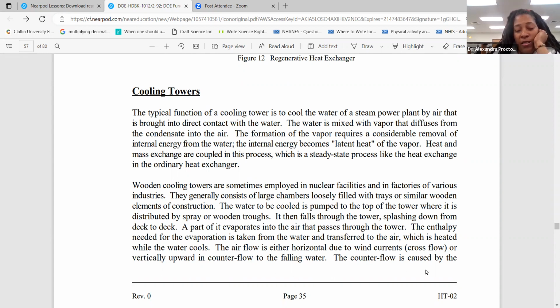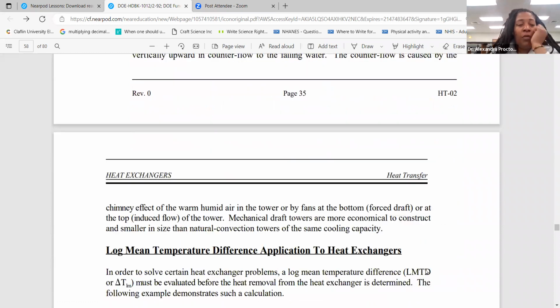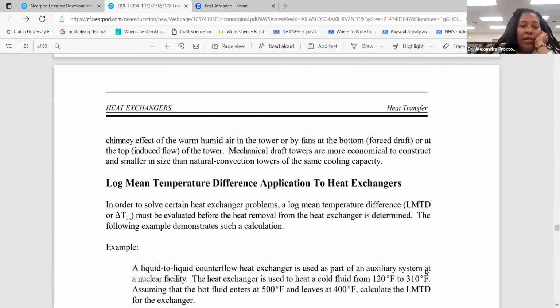And counterflow is caused by the chimney effect of the warm, humid air in the tower, or by the fans at the bottom or at the top of the tower. So mechanical draft towers are more economical and smaller in size than natural convection towers if they have the same cooling capacity.